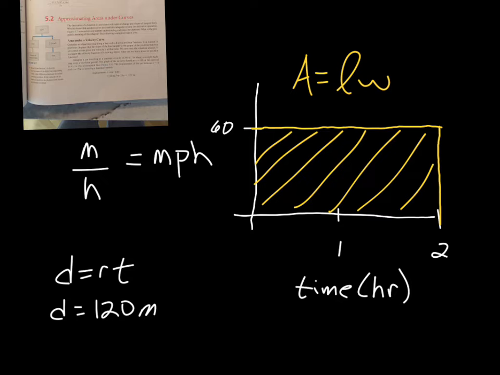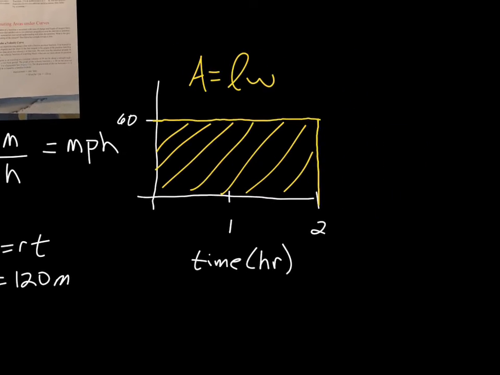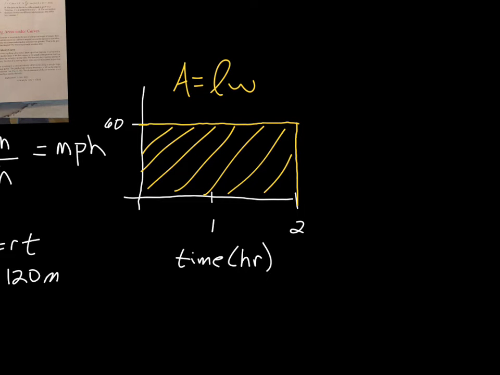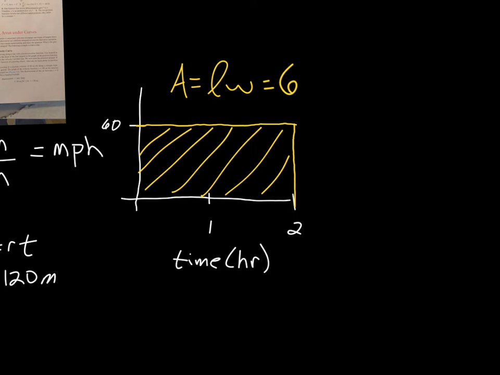And it just so happens that since our length, in this case we'll say 60 miles an hour, and the time 2 happen to be the exact same formula as our distance equals rate times time. And so what we would have is the area equaling 60 miles per hour times 2 hours.